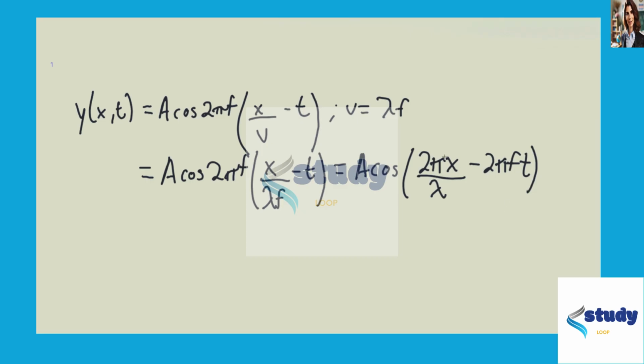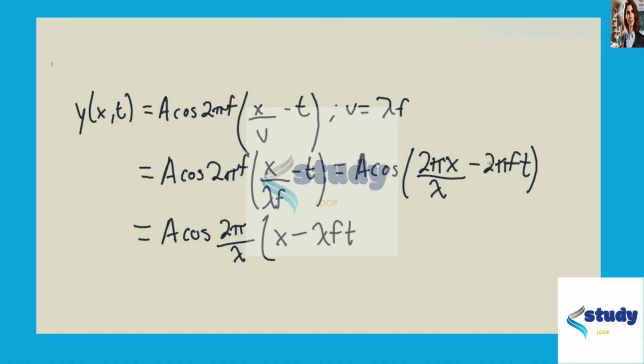At this point, we can actually factor out a 2 pi divided by lambda. So it's going to now equal a cosine, and then it'll be 2 pi over lambda, and then it will only have x minus lambda f t. There's no lambda in this term, so we had to add a lambda in order to factor out a lambda.